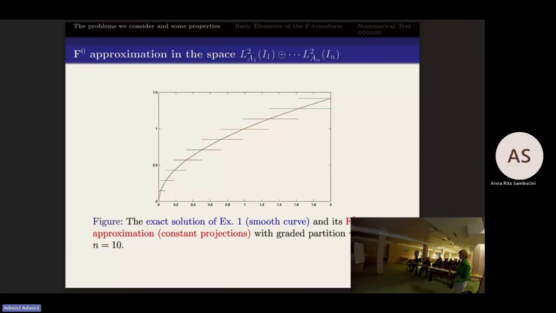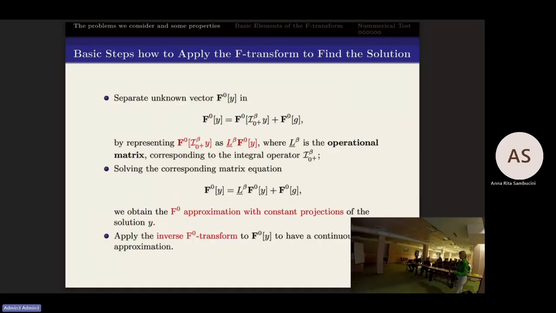Here we have approximation using the F transform components as vectors, and each component is actually a piece of a constant function. So here you see how the constant pieces approximate the function which is represented by this smooth curve. This is approximation by vector components. Later I will show you how we can construct this smooth approximation.